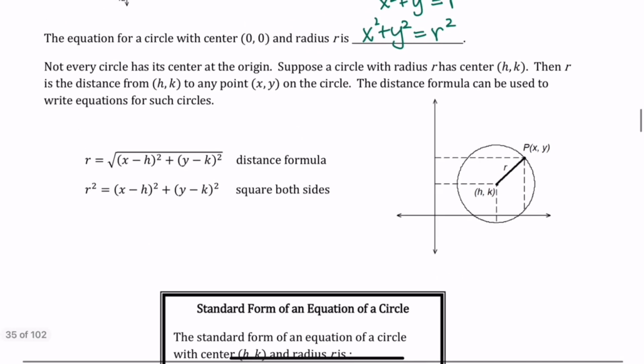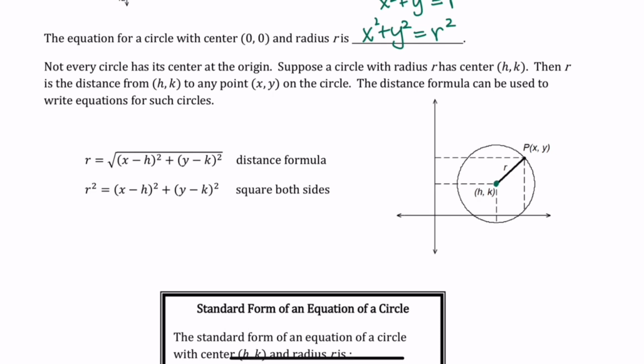Now, not every circle has a center at the origin. Suppose a circle with radius r has a center of (h, k). Then the radius is the distance from (h, k) to any point (x, y) on the circle. Then we can use the distance formula to write the equations for the circles.